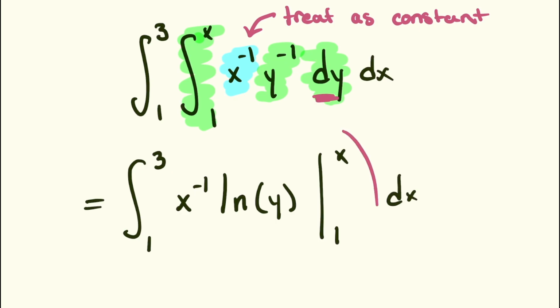And if you feel better about it, you can put big parentheses in there to help distinguish what is going on in your integral as it is. So let's evaluate that, and then we are going to work with the outer part of the double integral.